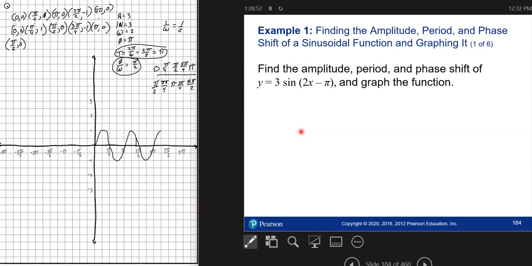Yeah, that's right. Okay. So I'm shifting it a half a pi in this direction.